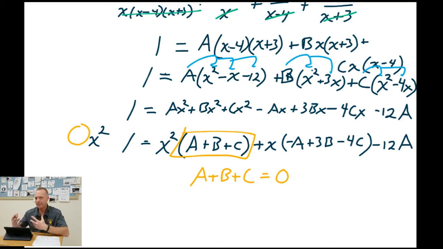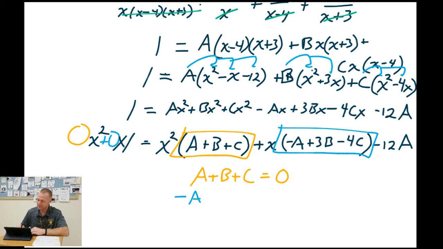Keep equating. Keep writing out your system. What's in front of x on both sides of the equation? 0. So our second equation is negative a, 3b, and minus 4c, also equal to 0.